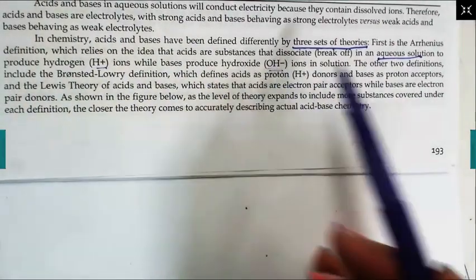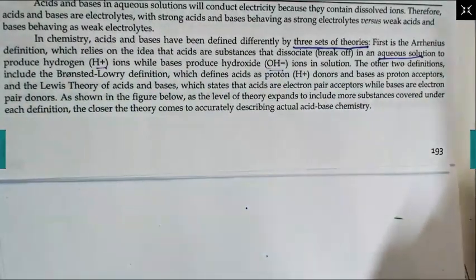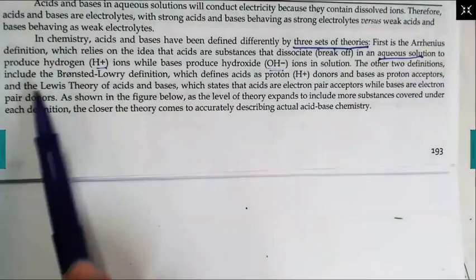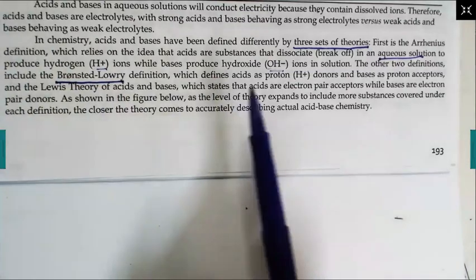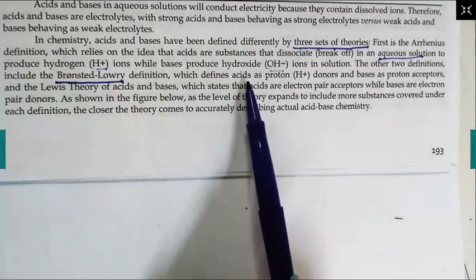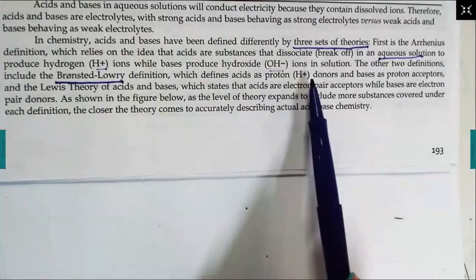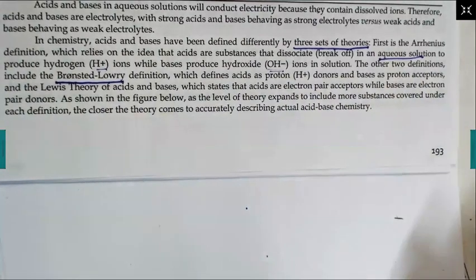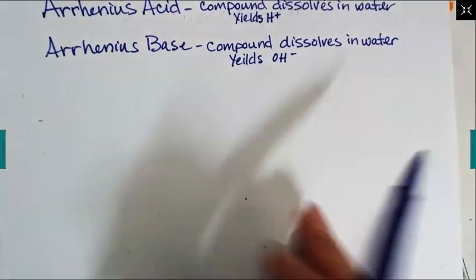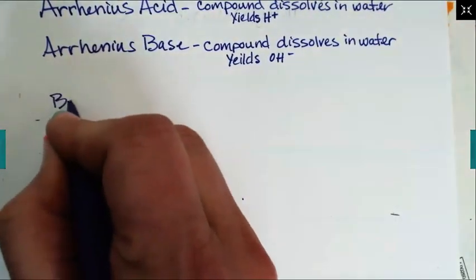So that's what we already talked about. The other 2 definitions include the Bronsted-Lowry definition, which we're going to get to, which defines an acid differently. It defines an acid as a proton donor, and bases are proton acceptors. So we got Arrhenius. Let's do Bronsted-Lowry now.